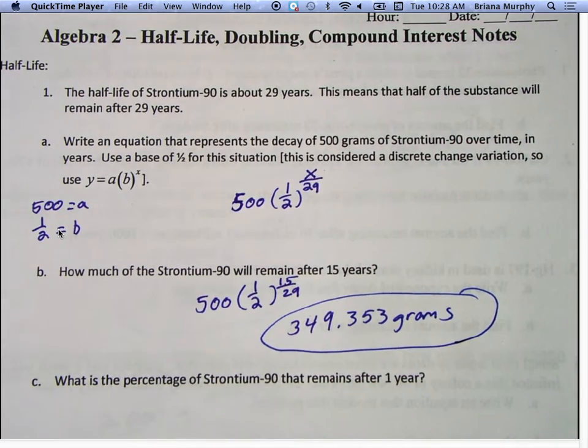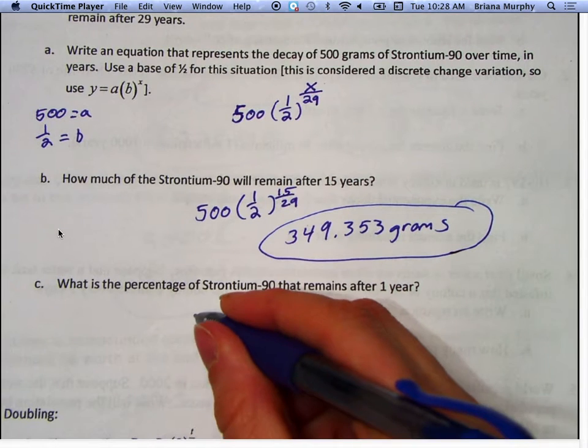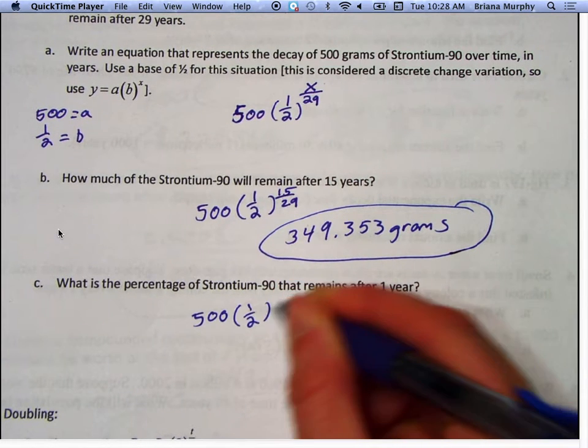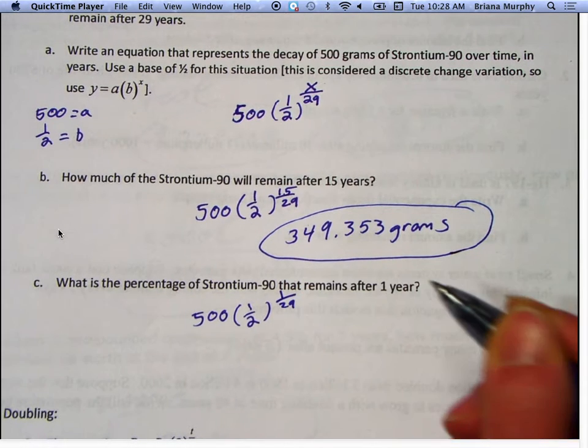Okay. So this one's a little bit more confusing. What is the percentage of the substance that remains after a year? So we're going to figure out how many grams we have, and then we'll figure out the percentage. So I'm going to say 500 times 1/2 raised to the 1 over 29.